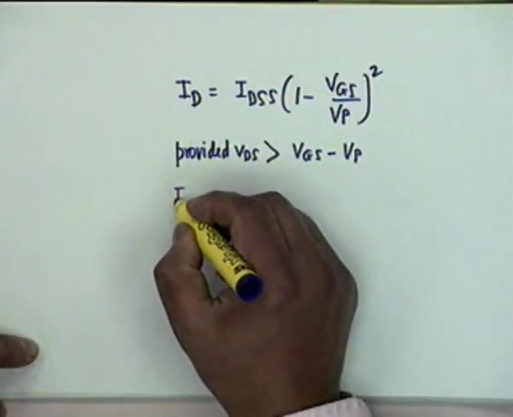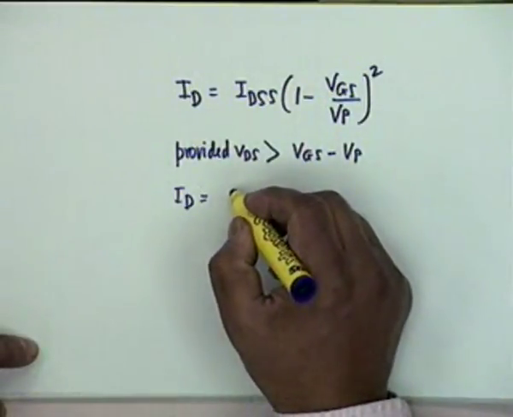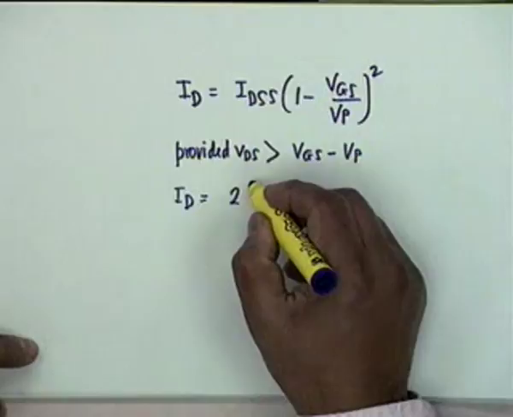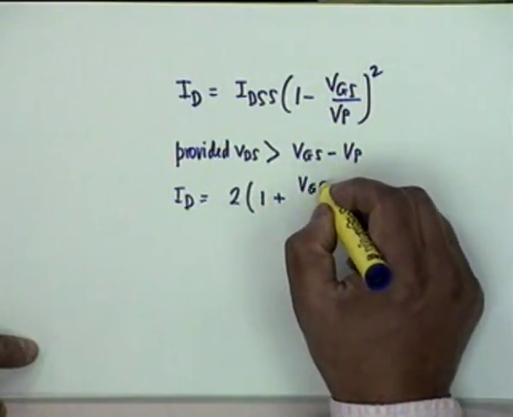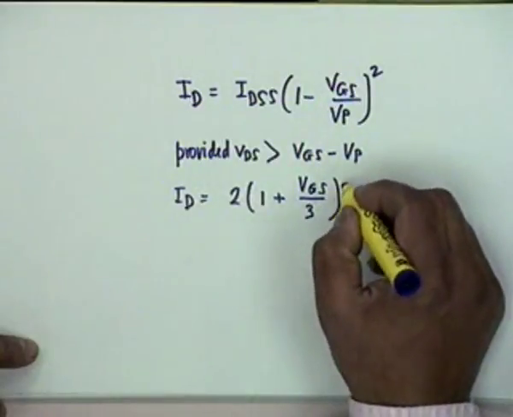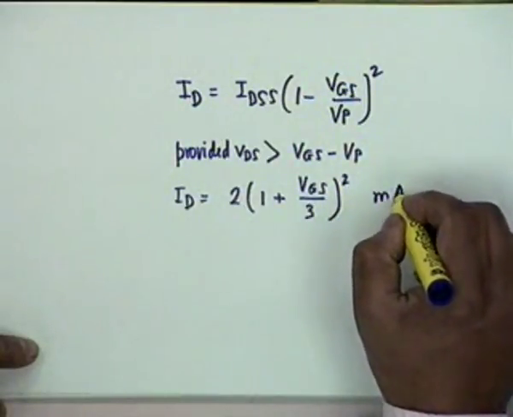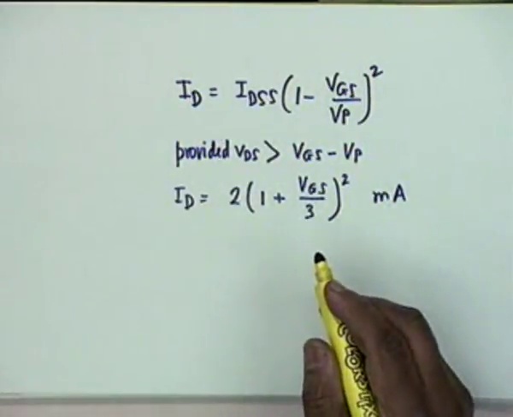In our case, I sub D is equal to 2 milliamperes multiplied by 1 plus VGS by 3 whole squared, so many milliamps, because 2 is in milliamps.